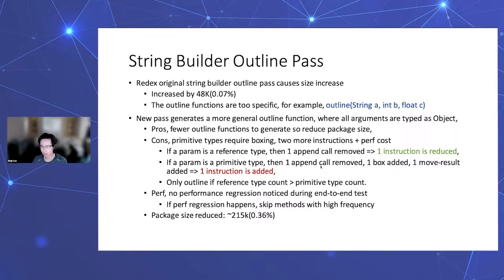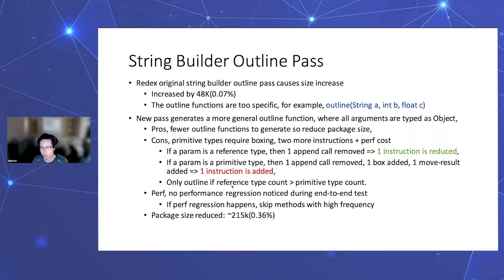So overall, if we count how many reference types and how many primitive types, we only do the replacement if we see more reference types than primitive types.